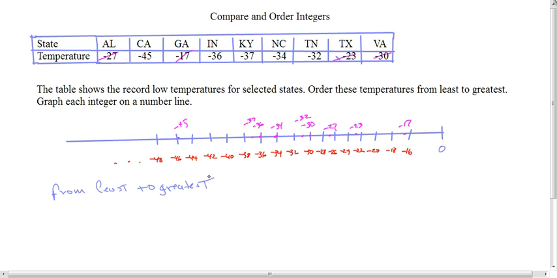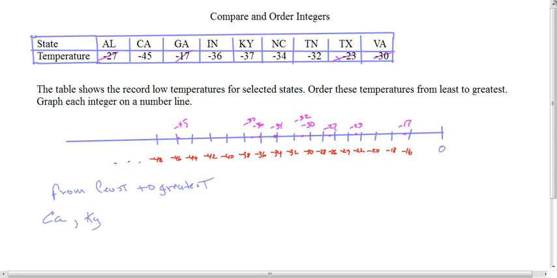Okay, and what is that telling us? If we're ordering from least to greatest and we're using negative numbers, now we're talking about the coldest. And believe it or not, California will be first. It will be the coldest according to this data that we have. And then after California comes Kentucky. I could see that.